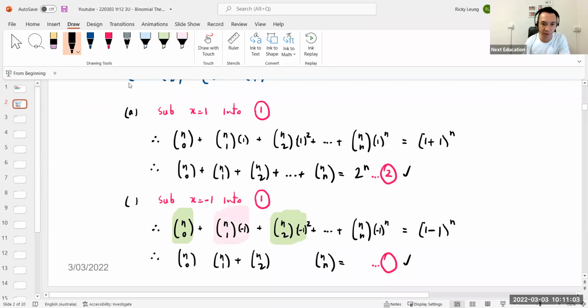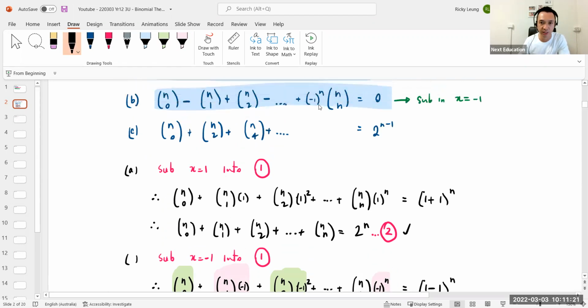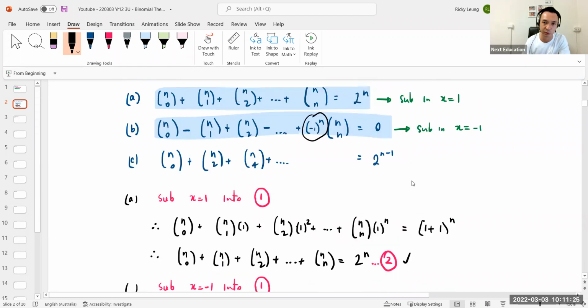So positive, minus, plus, minus. Now, what about n? I don't know whether n is odd or even right now. So I leave the (−1)^n in there, so plus (−1)^n nCn, which, if you look at what I have to prove, is why this term is there, while the positive case was always going to be positive. There's nothing there.